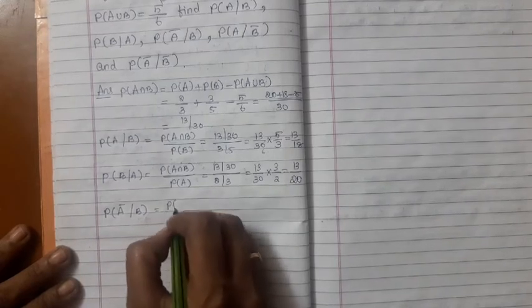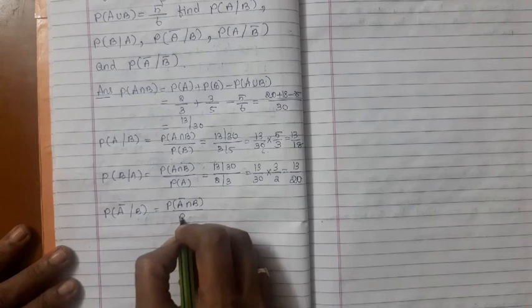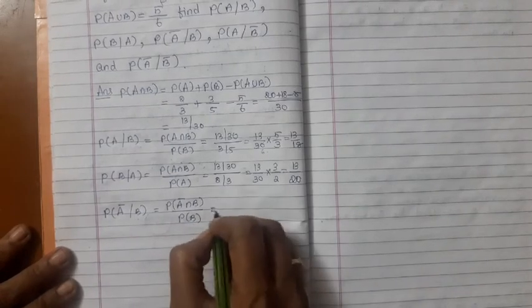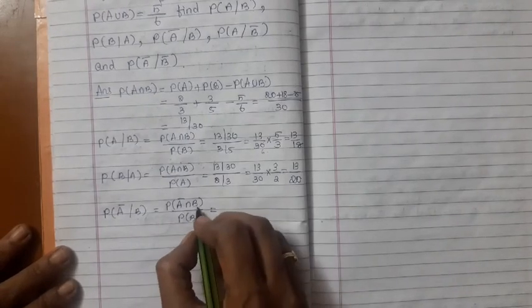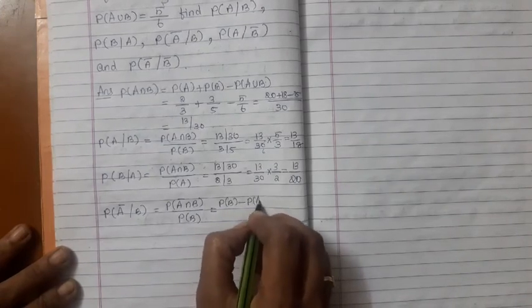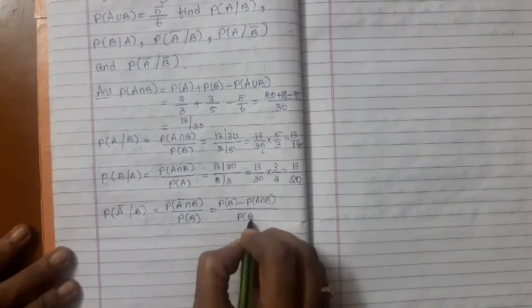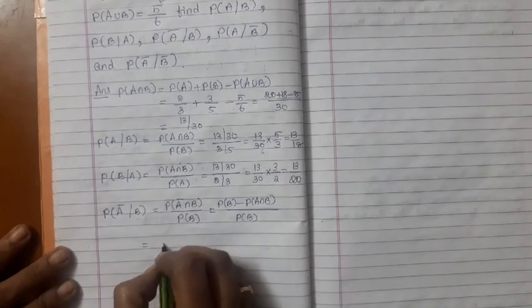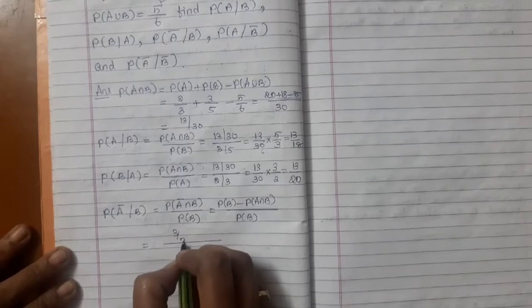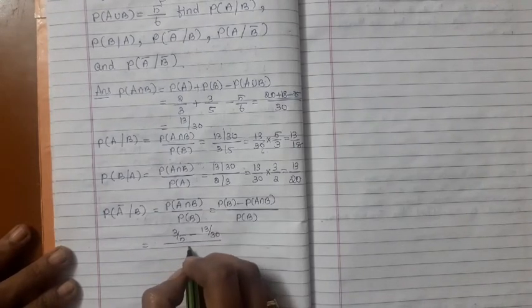Okay. Next, probability of A bar given B. It is probability of A bar intersection B divided by probability of B. You know the answer for this is, we have done it repeatedly, probability of B minus probability of A intersection B. Fine. Now probability of B is 3 by 5. Probability of A intersection B is 13 by 30.